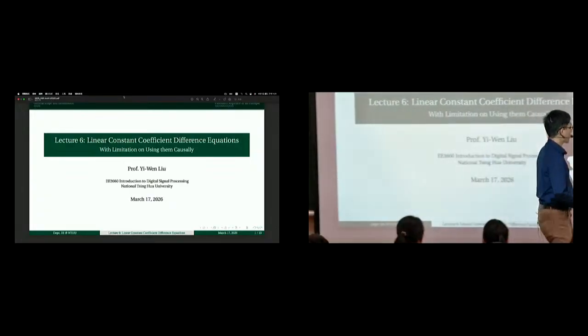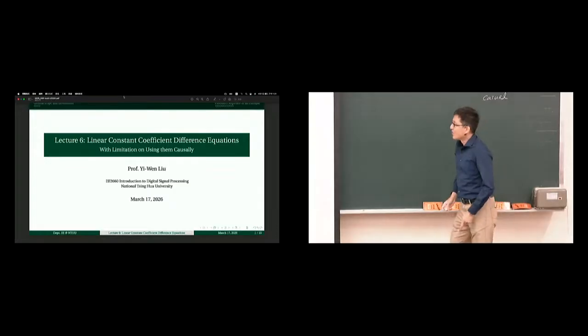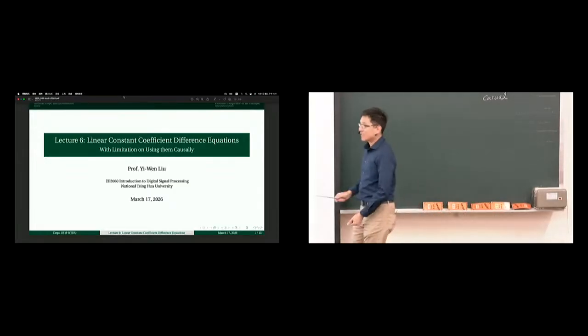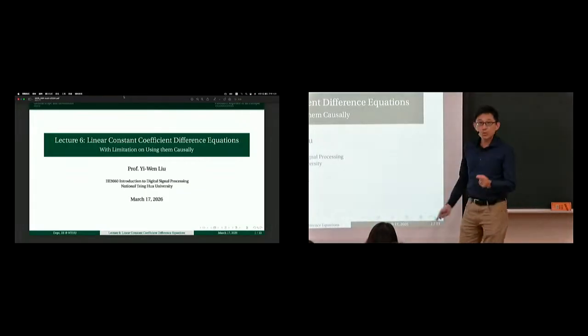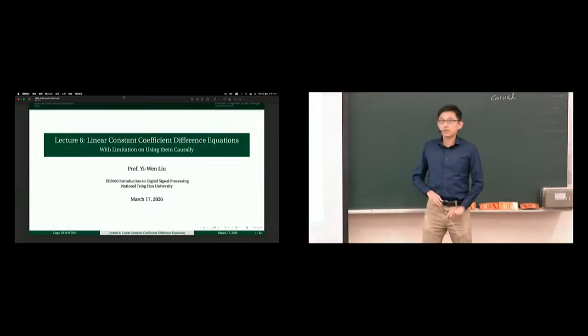Two very similar words. Causal is not casual, so please pay attention. We should treat them seriously. We interpret the equation by assuming that the impulse response is causal, unless otherwise mentioned.